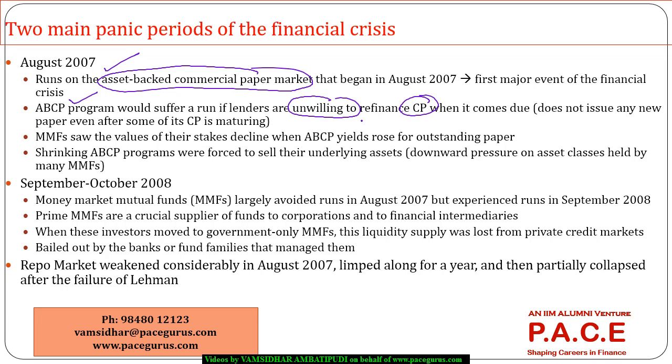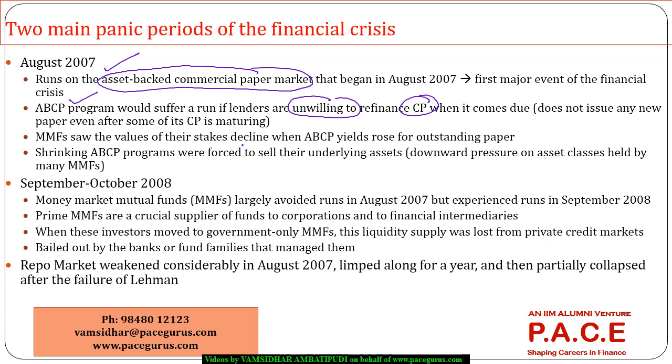So there was a maturity for the existing commercial paper. Generally, it would be rolled forward, which means a new commercial paper would be issued, against which the borrowing would happen, and that amount would be used to pay the existing commercial paper which would be matured.